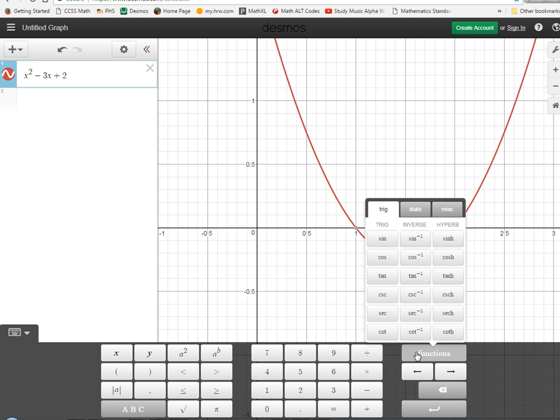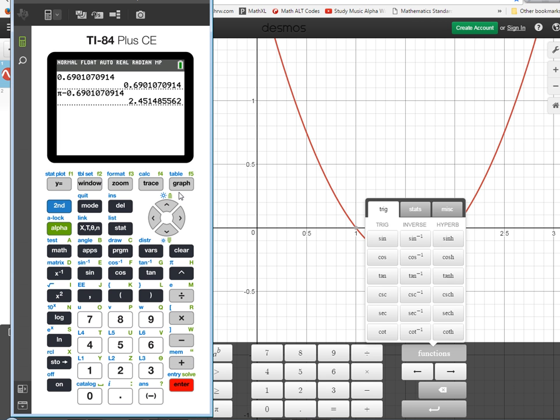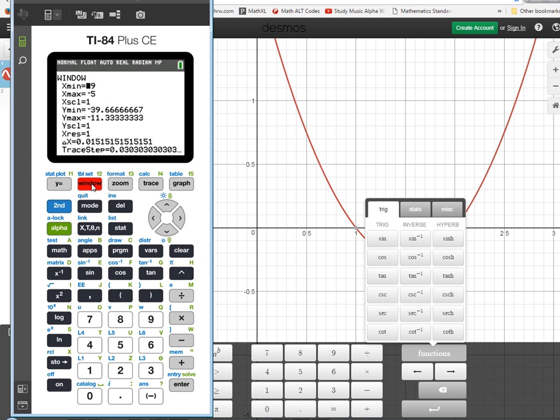I think you're using a different website. Sorry. So I'll tell you what, for now I'm just going to use the calculator. Calculator's fine. So let's go y equals, same thing. We got x squared minus 3x plus 2. And let's set our window up to go from 0 to 3.5. I'll go negative 0.5 actually.